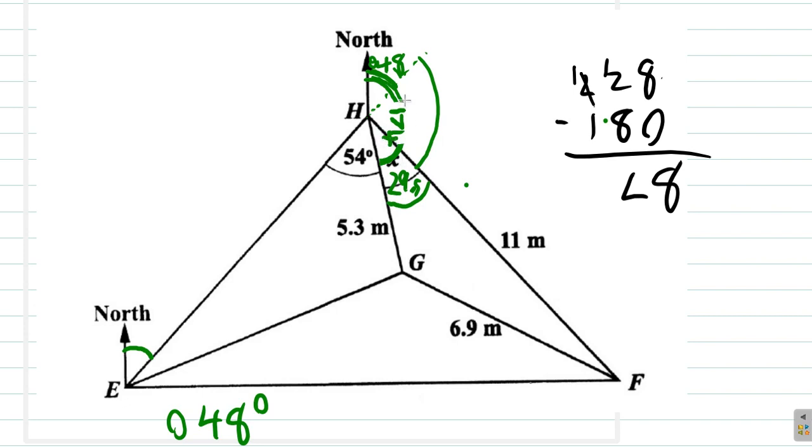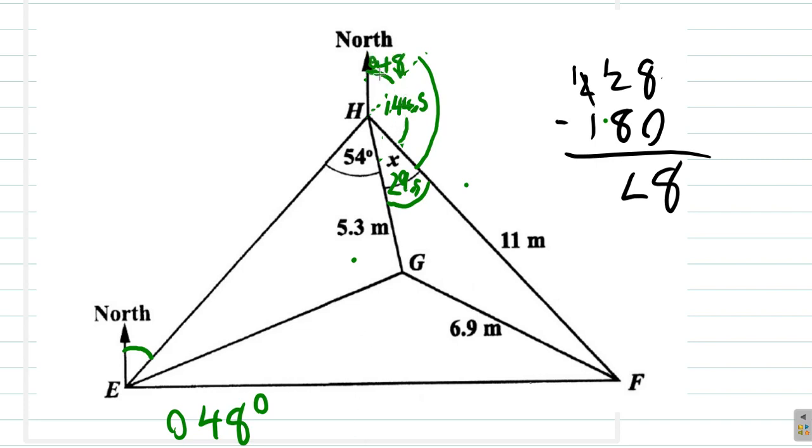Then that is all of this angle. But this is 29.5, so 174 minus 29.5, and then this 48 now we back off. Oh, not minus 48. Why did I do that?